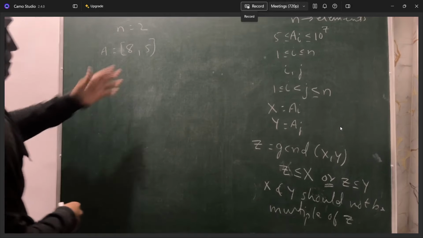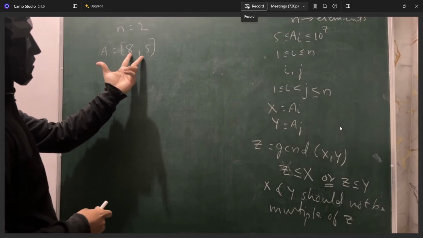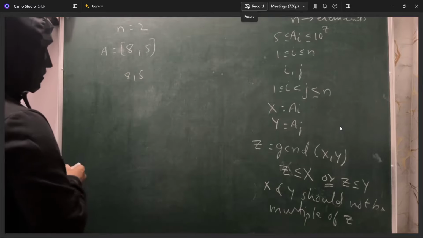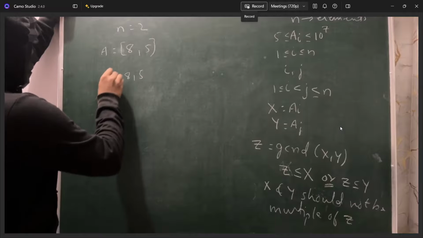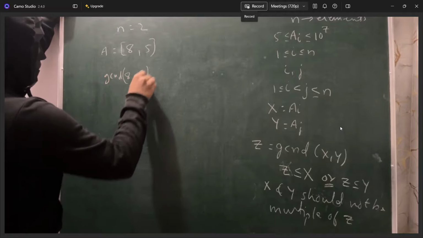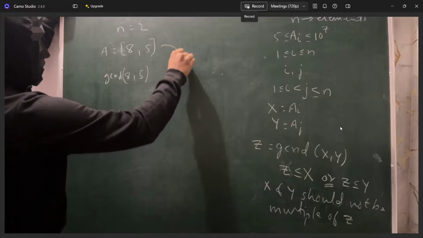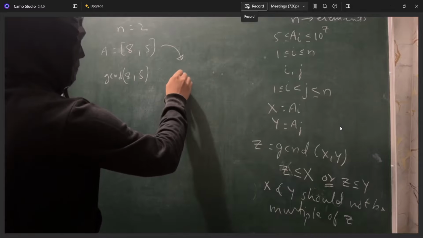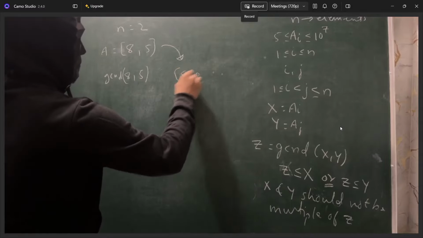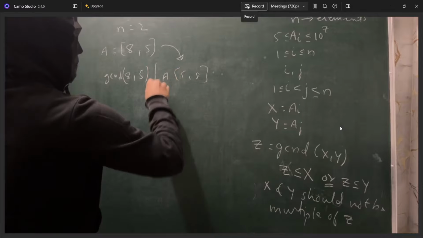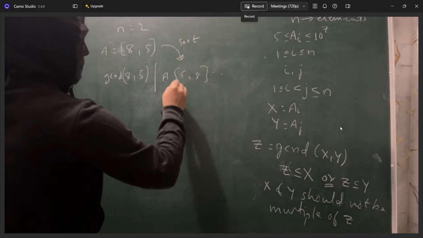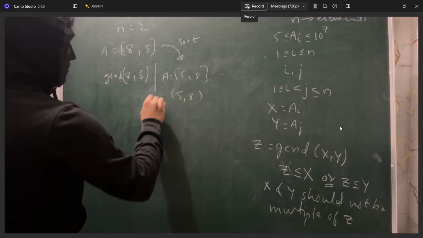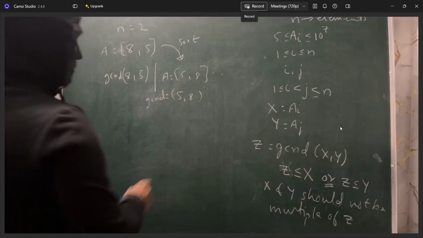Let's understand the example. They've given only two integers, so you can make only one pair, 8 comma 5. You will have to find the GCD of 8 comma 5. One thing I want to highlight is that if you sort this array, you will have 5 comma 8 as the array elements. Again you find the GCD of 5 comma 8.